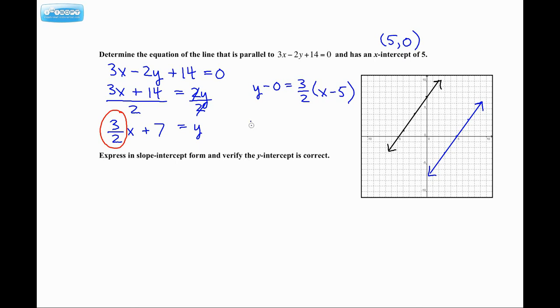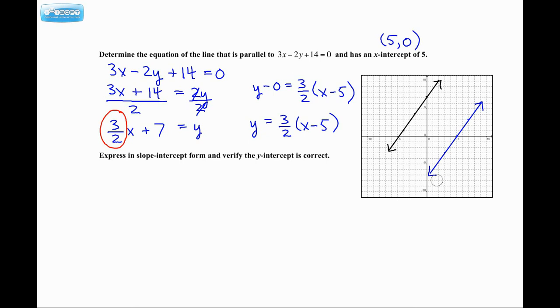Though, if we wanted to maybe simplify it a bit, the 0 is not necessary. Okay, so there's a simplified slope point form. But now we want to express our equation in slope-intercept form and verify that the y-intercept is correct. Now my y-intercept, I didn't draw the line long enough, but looks like it would cross somewhere around here.